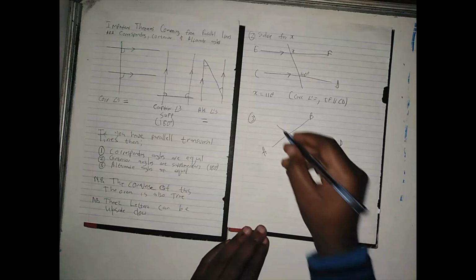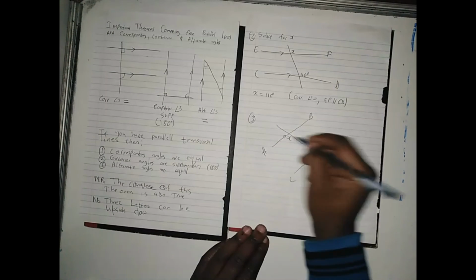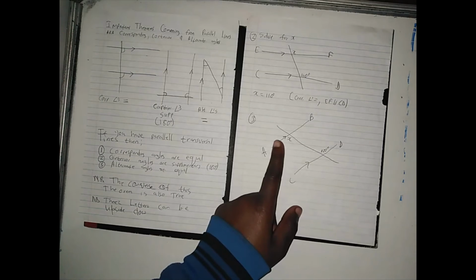Now, when we are looking at these angles, what you are given is that this one is parallel to this one. Now, you can either use alternate, co-interior or corresponding angles.